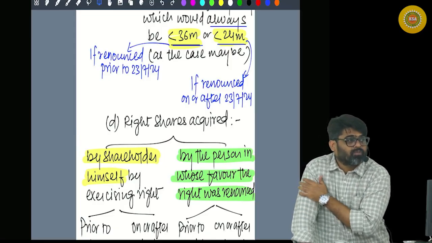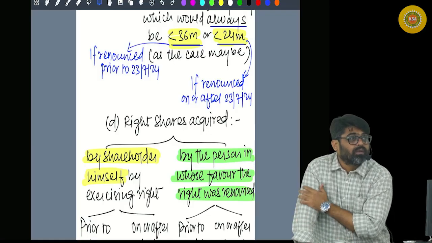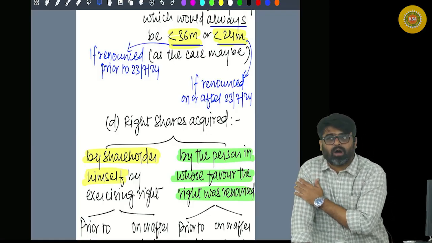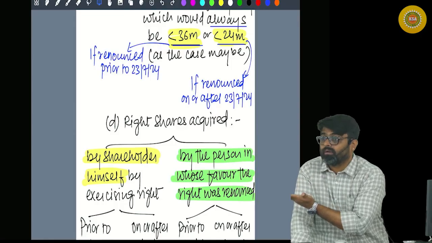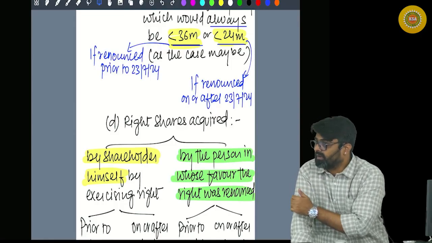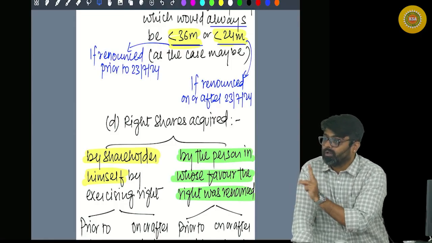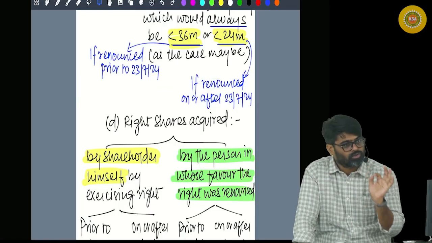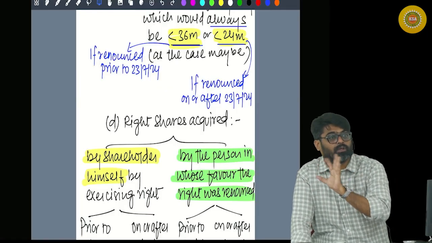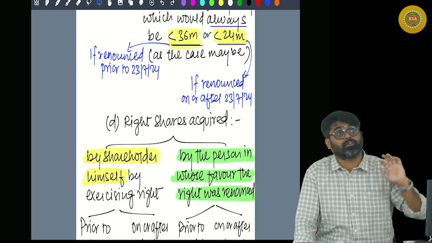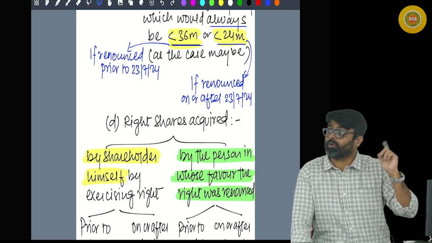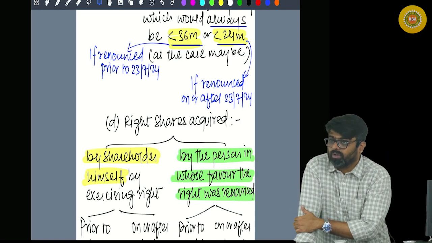So their period of holding will start from the date of allotment and it will end on the date immediately preceding the date of transfer. That period 24 months or less, short term. More than 24 months, long term. And if the transfer was made prior to 23rd July and the asset was long term, then you are going to take indexation also. Will you remember?